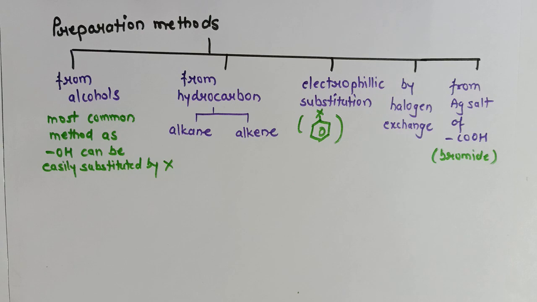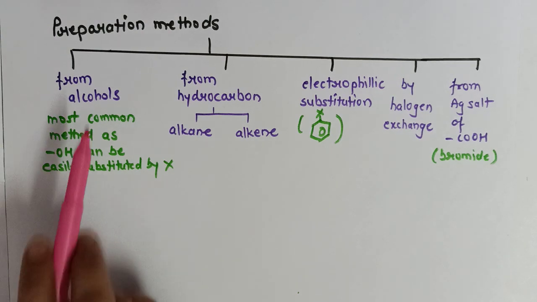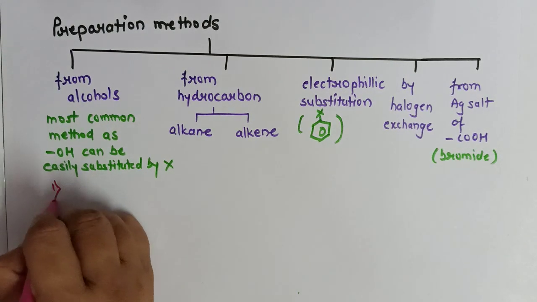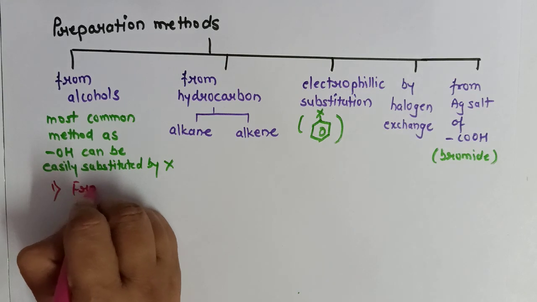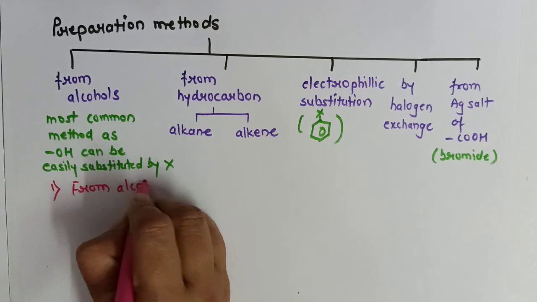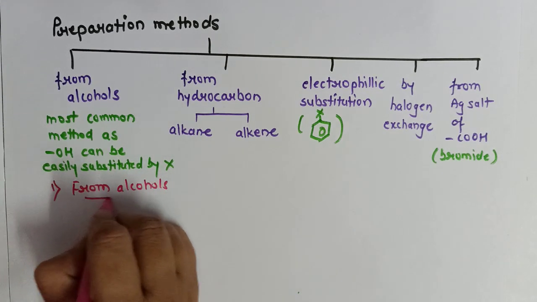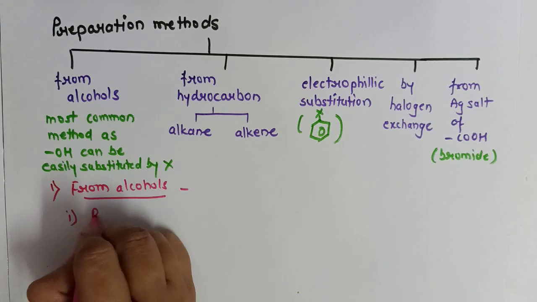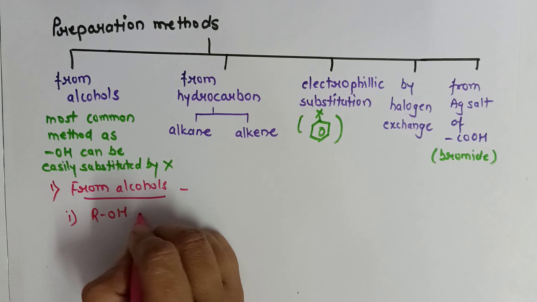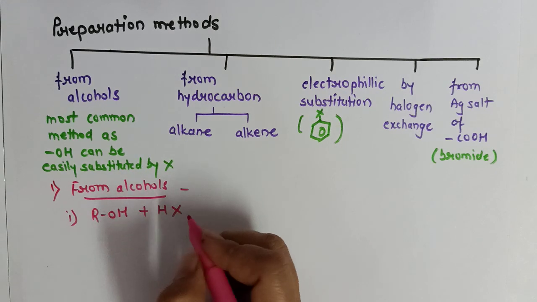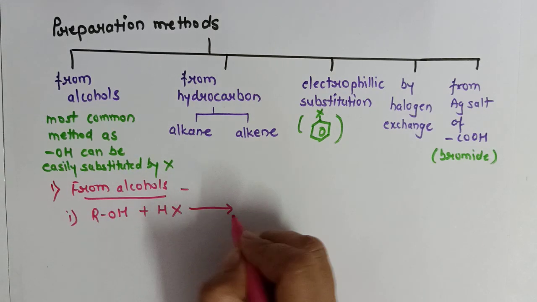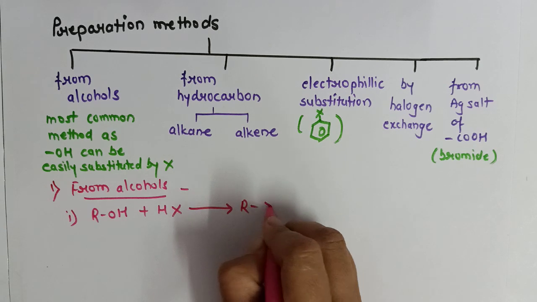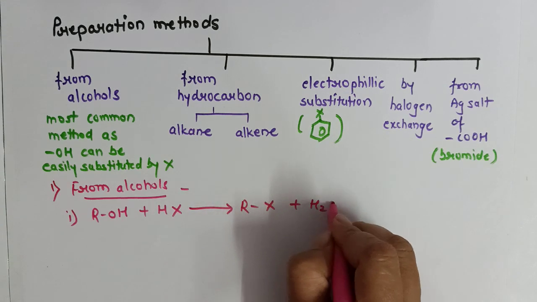So we'll begin with the first one, that is from alcohols. So the preparation of haloalkanes from alcohols. As I told you, we have plenty of methods. In that, the very first is any alcohol, if it is treated with hydrogen halide, it will give haloalkane plus H2O.